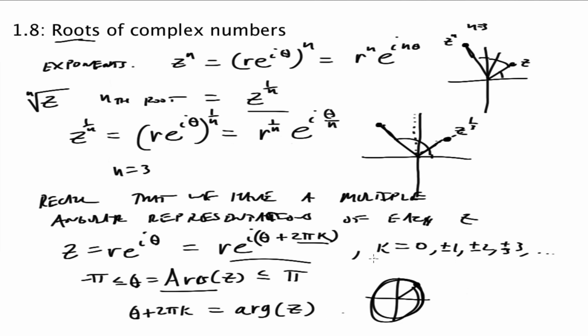It turns out this multiplicity of representations will hold a really important feature when we talk about roots, because what we're going to find out is that there is more than one root available. So now let's go to a new sheet of paper and talk about that.